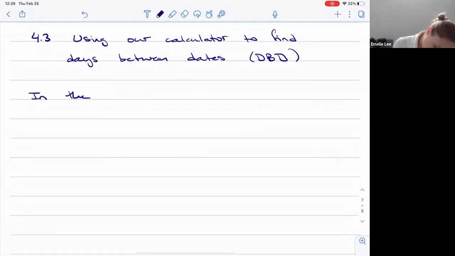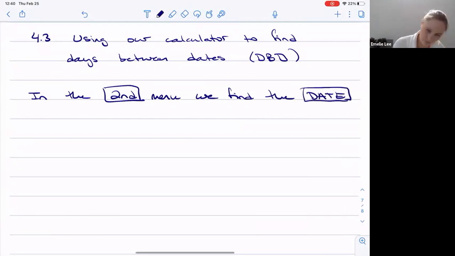In the second menu, we find the date option above the number 1 button.